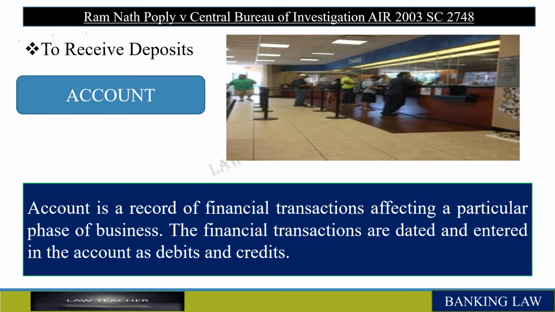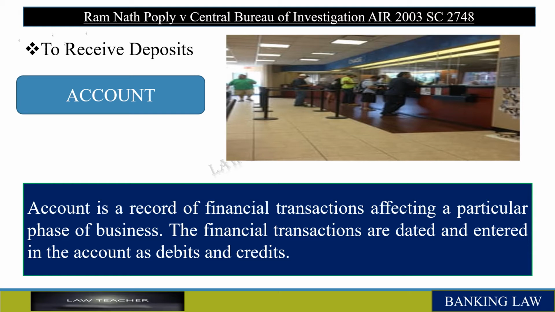So, all banks maintain accounts for their customers and convert deposit money into cash and vice versa at the discretion of the customer. Banks accept money from the public by receiving deposits by way of different types of accounts.